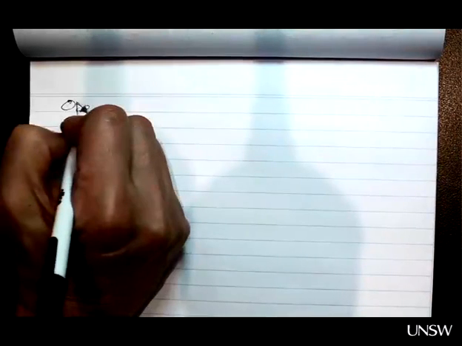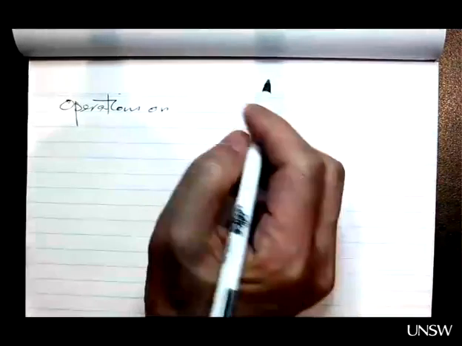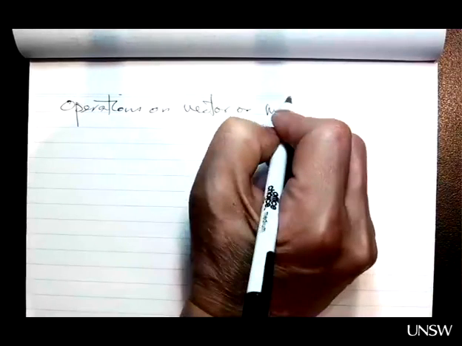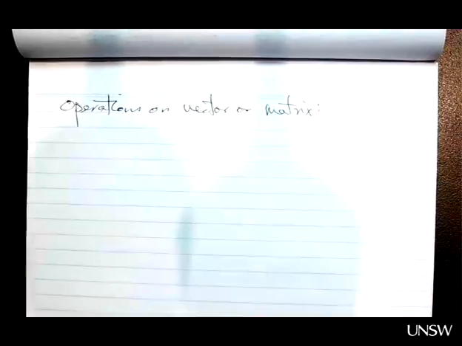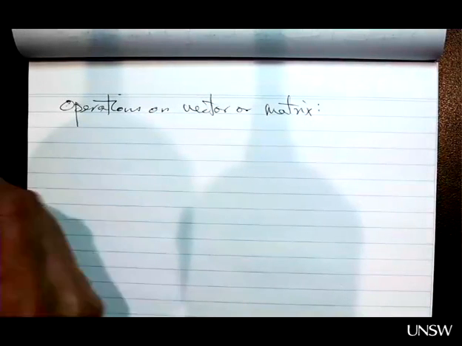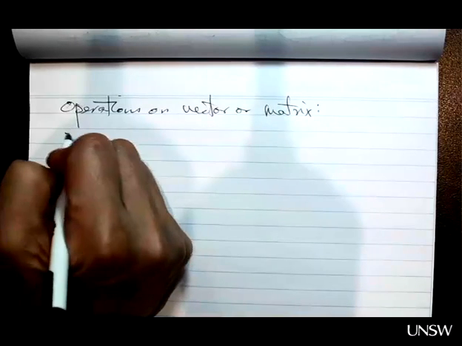Then we look at, or we try to recall, the basic operations on vector or matrix. The first operation that we normally encounter in the rest of this topic in designing a control system using the state space is called a transpose.